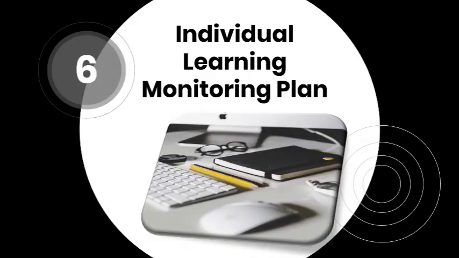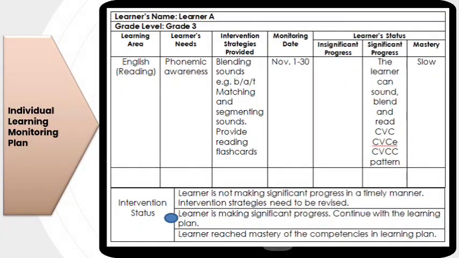We have here the individual learning monitoring plan also. This is used for struggling learners. For example, in English reading, the learners' need is phonemic awareness, those who are somewhat lagging behind in reading.